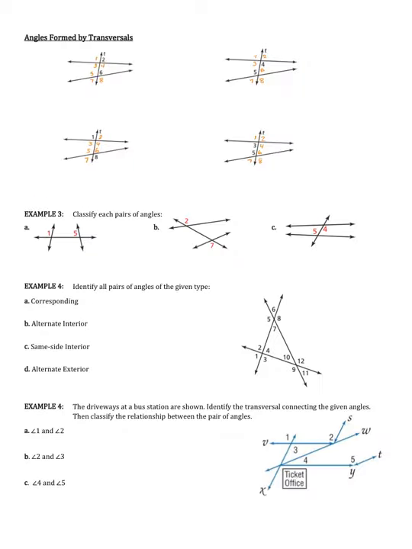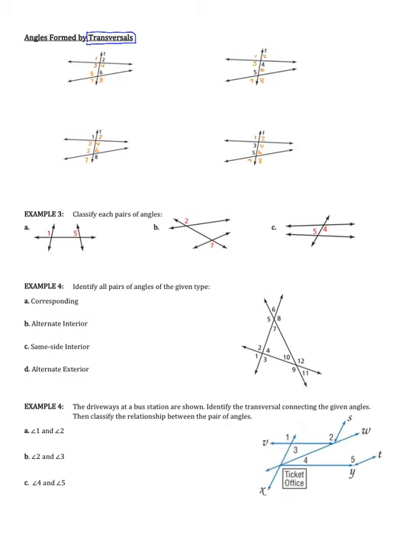Okay, so one of our main focuses in this chapter is going to be on the relationship between lines and a transversal. A transversal is just a fancy word for a line that crosses other lines. You transverse, meaning you go across something.